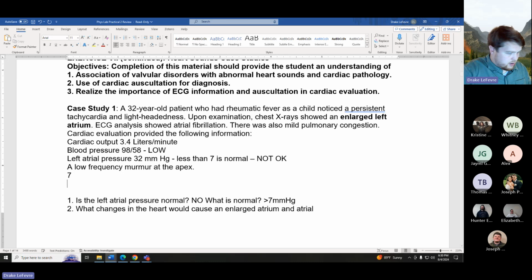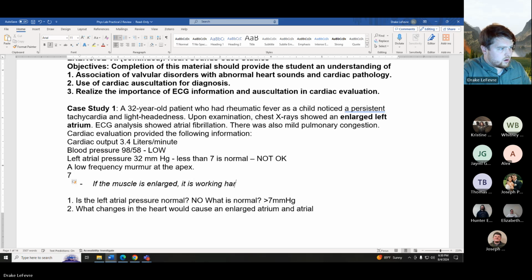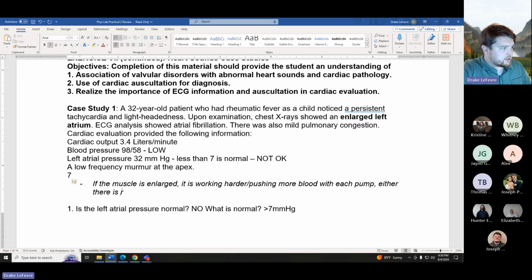Little note down here. If the muscle is enlarged, it is working harder, pushing more blood with each pump. Either there is regurgitation happening or there could be severe stenosis.